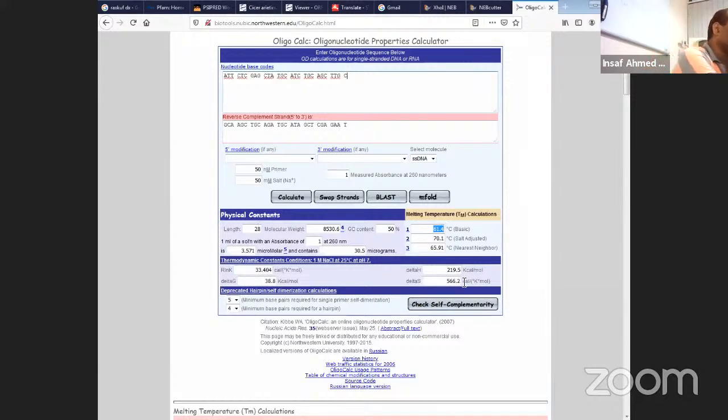So if you see here, the problem is the length actually. Why is length the problem? Because you have 28 base pairs, and in 28, 6 have come from the restriction site and 3 from the additional base pairs. So 9 are basically additional base pairs, while you have only 19 nucleotides from your gene of interest. So it is not a good thing.